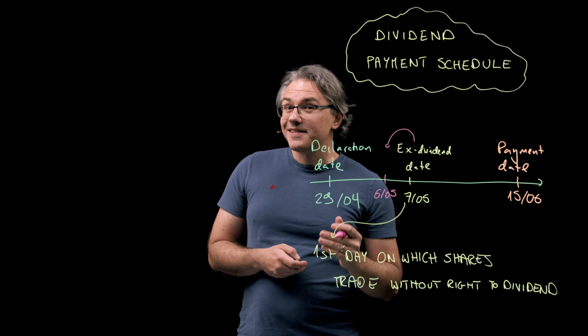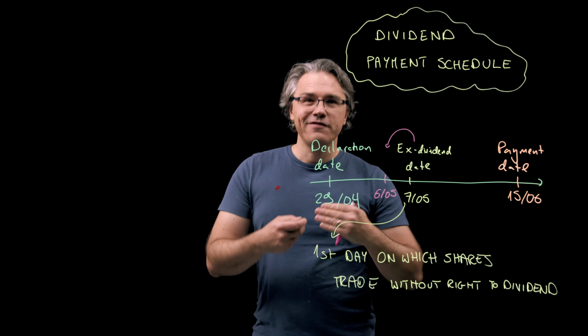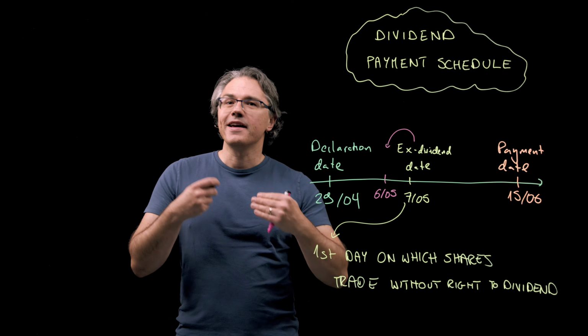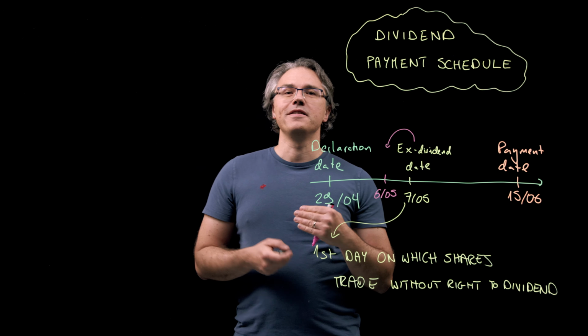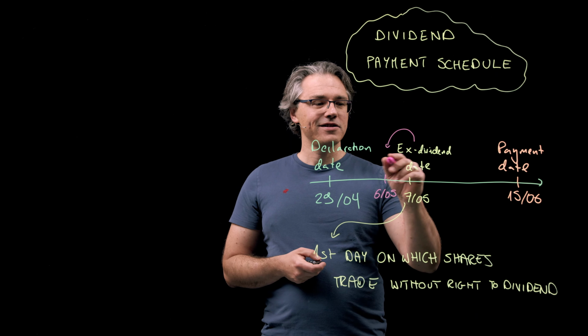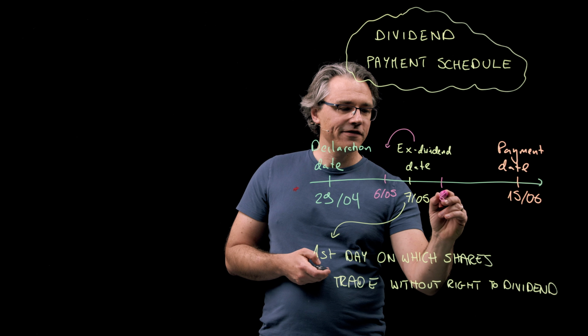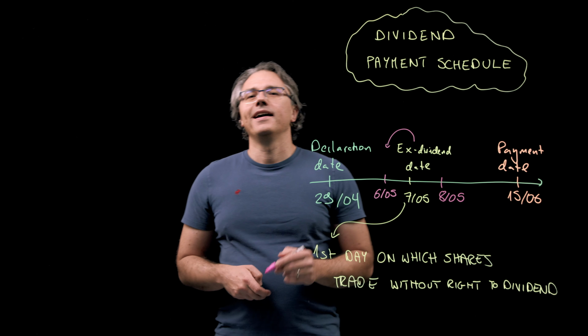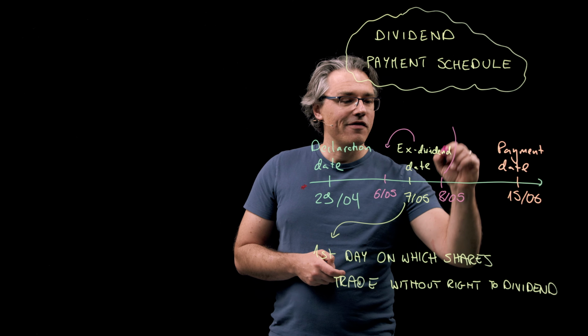And if you do this, given the length of the trade life cycle and the time needed for clearing and settlement, you should appear in the company's records on the 8th of May, and that's the holder of record date.